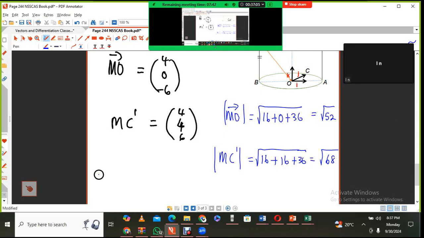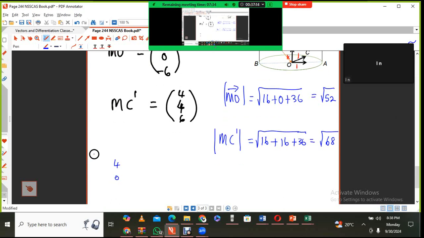Okay. Now the dot product means you are going to take these two vectors and multiply them. So you're going to dot (4, 0, -6) with (4, 4, 6).